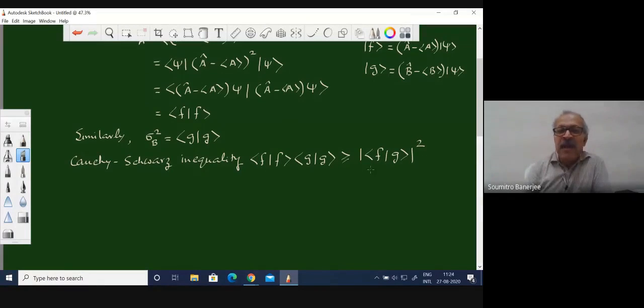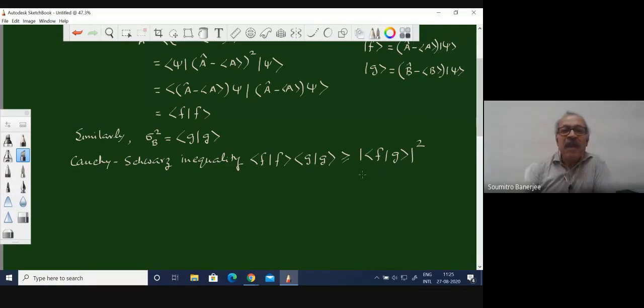I just gave a hand-waving argument with vectors, but it is easy to prove. One of the tutorial problems that I will give, you will prove this. I wanted you to get used to these bracket manipulations, so I did not do that in the class. I have kept it to give you in the tutorial. So you will do that, and you will get the Cauchy-Schwarz inequality. But let us today assume that this is right, and then let us proceed.